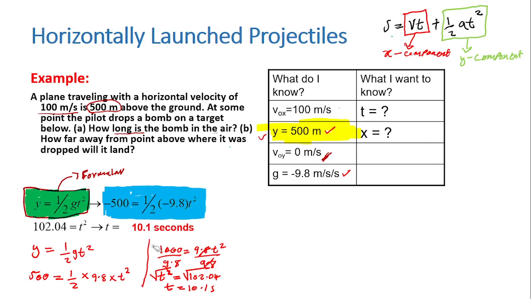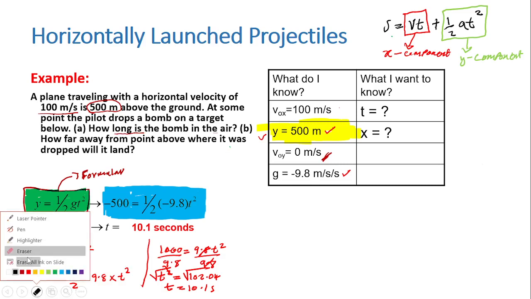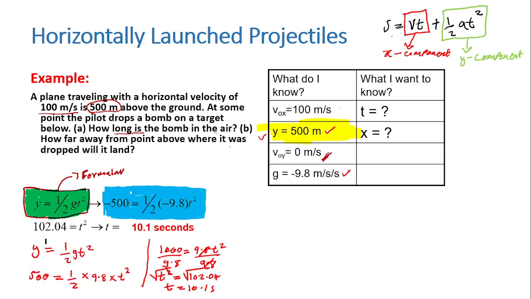So if you take up to be positive, then going down has to be negative. If you take up to be negative and down to be positive, then both have to be positive. Is that okay? Yes, it is okay. Okay, I'll ask the other question later.